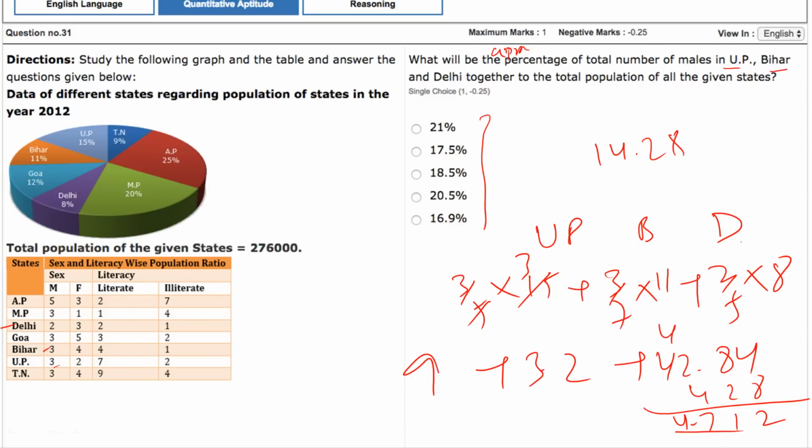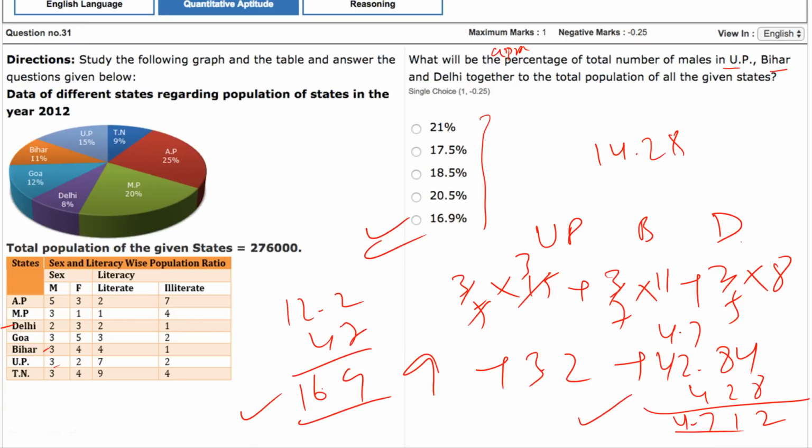So this is 12.2 plus 4.7, which is 16.9. I hope you got what I did here. It was a little lengthy calculation, but manageable. Okay, I hope there is no confusion.